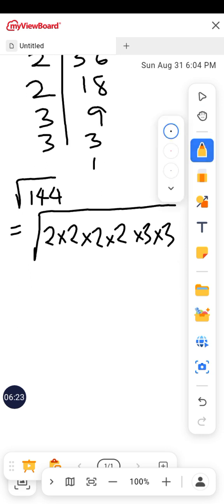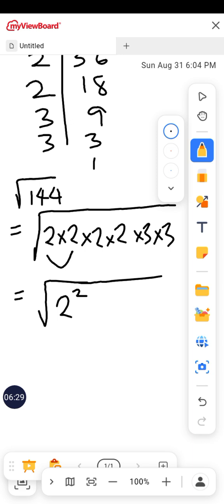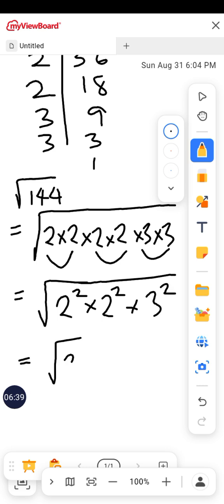This can be written as 2 square. This also can be written as 2 square. And this can also be written as 3 square.